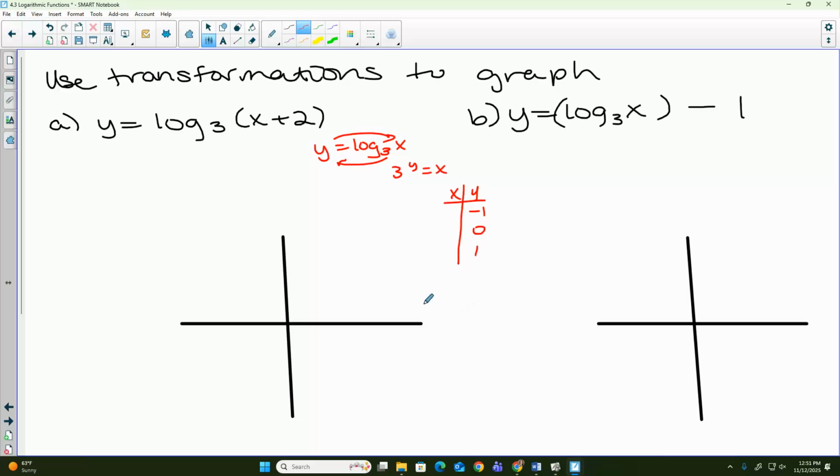What's 3 to the -1? 1/3. 3 to the 0 is 1. And 3 to the first is 3. We have (1/3, -1), (1, 0), and (3, 1). Parent function is always dashed.